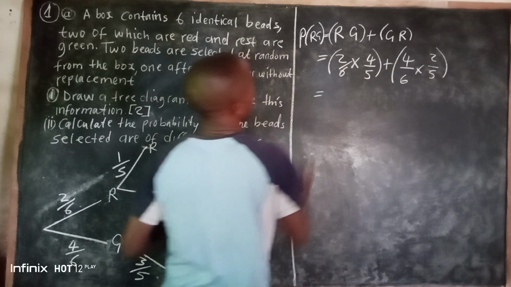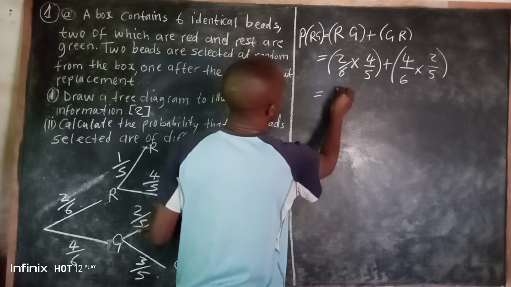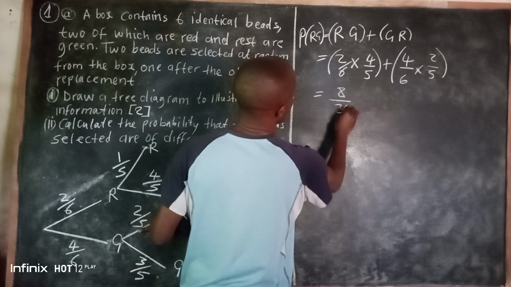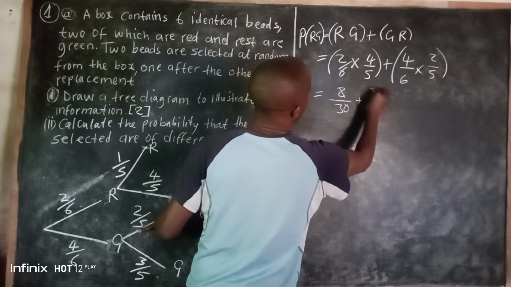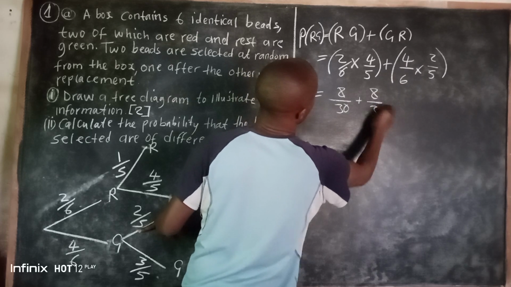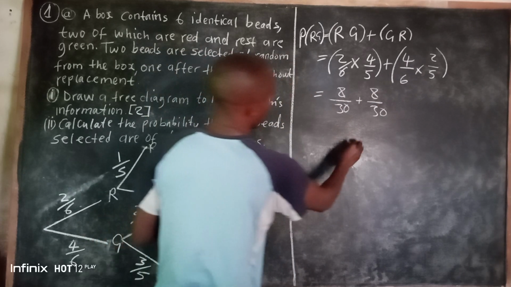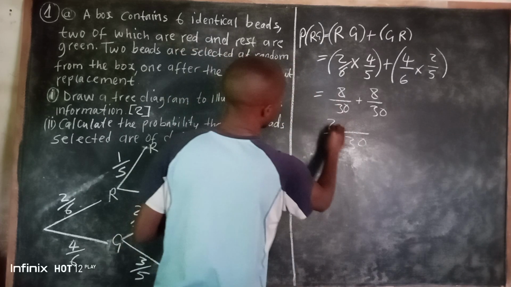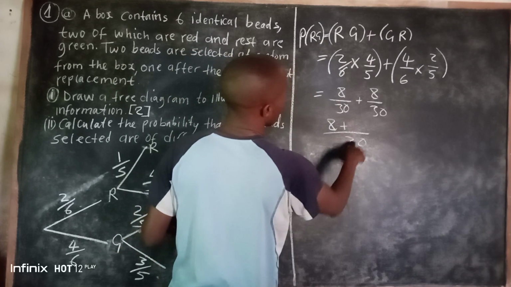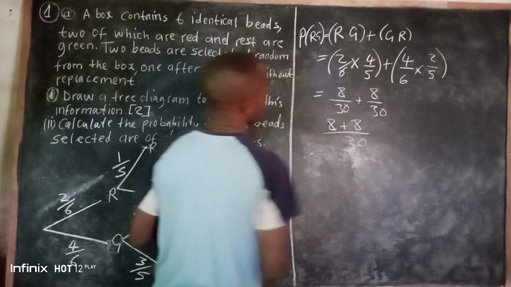Okay. So when we simplify further, we are going to have 8 over 30. Okay, plus there 8 over 30. The common denominator there we know it's 30. So over this one into there, it's 1 times 8 plus this one 1 times 8, 8.